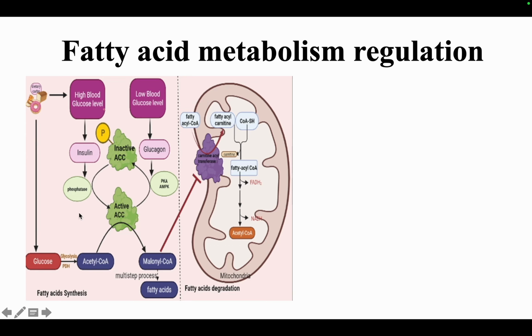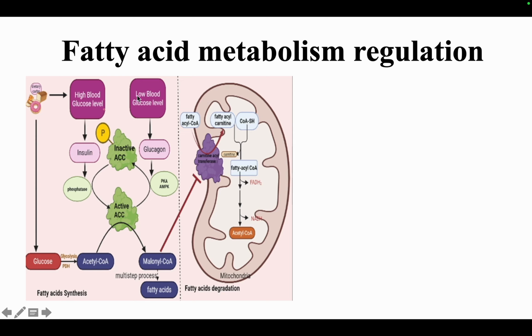So ACC gets activated in the presence of phosphatase and insulin, whenever there is high glucose: the phosphate group is removed and it gets activated, and it converts acetyl CoA to malonyl CoA. Then we have fatty acid chain formation, which leads to fatty acid synthesis. So high glucose gets converted into fats.